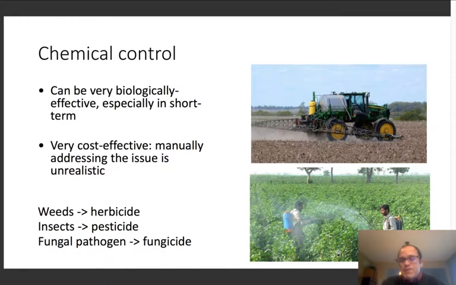if your alternative is to go and manually pick out those mollusks or to try to find the weeds that you can't even see. The competition between chemical control and the amount of time that you would invest in order to handle these weeds, pests, parasites manually is really strongly benefiting your chemical controls.